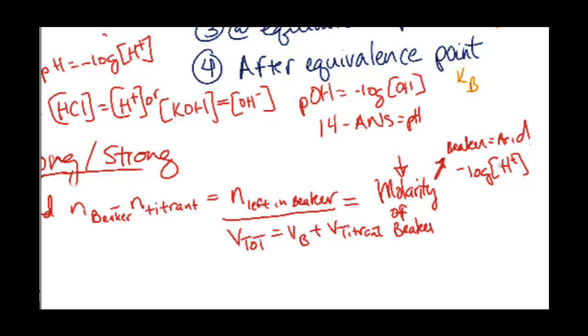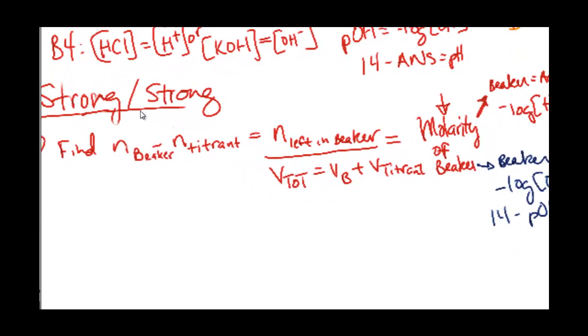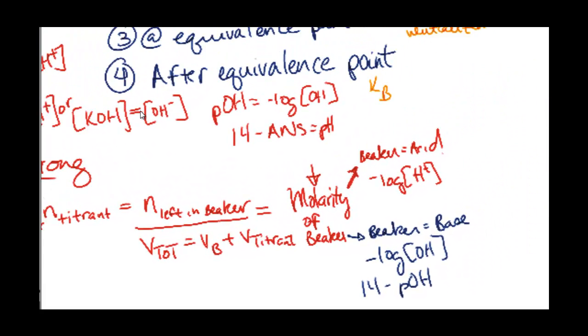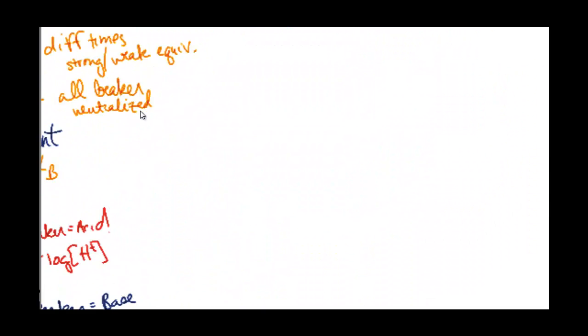Strong acid, like hydrochloric acid. But if the beaker is a base, then we have to do pOH and then do the 14 thing again. Okay. That's basically it for strong. For a weak-strong interaction, it's a little bit more complex.